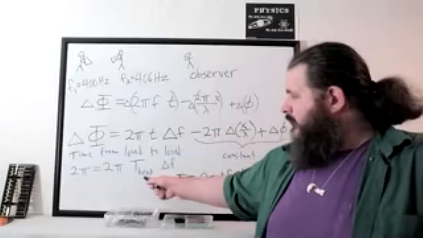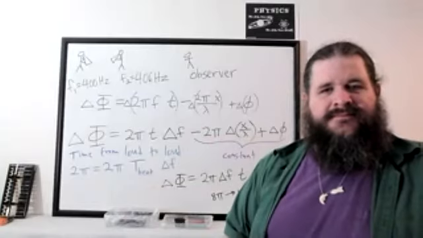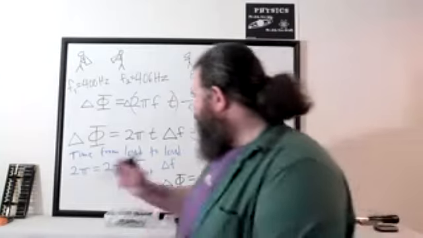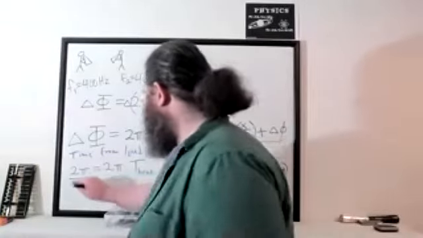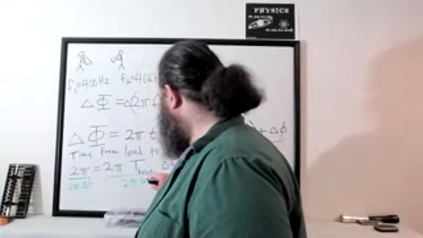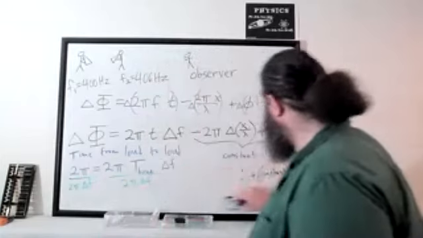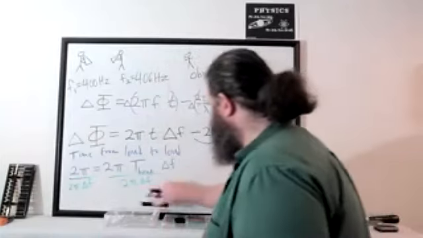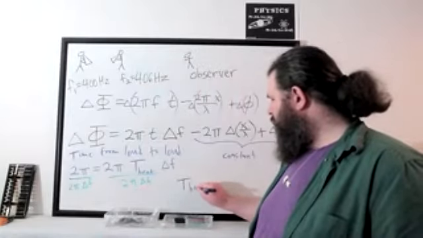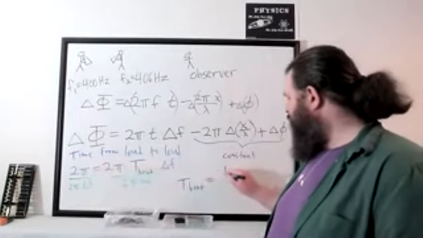So how would we solve for the beat period then? You just divide by 2 pi and the change in frequency? Yeah, if we divide both sides by 2 pi delta f, then the beat period equals, the 2 pi's cancel out, so we just get 1 over the difference in frequency.